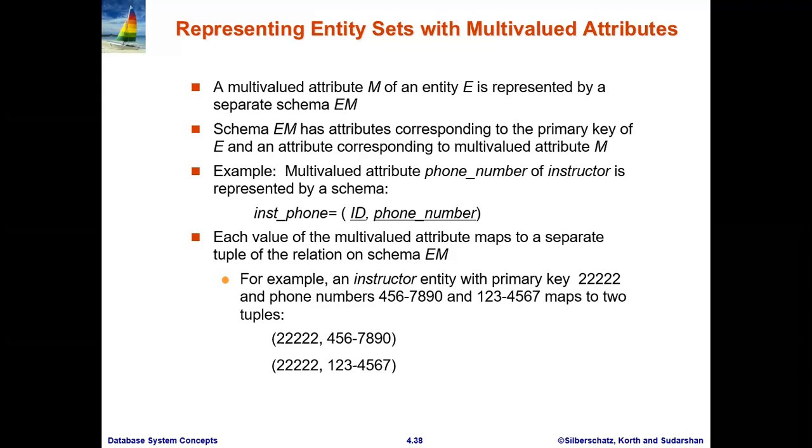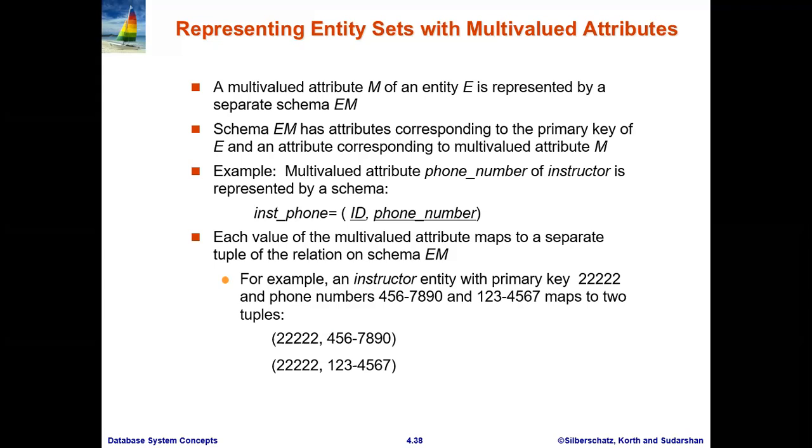First is primary key of entity, that is 22222, comma first value of phone number, that is 4567890 as a single record, single tuple, one row. And second row is again primary key of entity E, that is 22222, comma second number 1234567 as a separate row, second row, separate tuple.